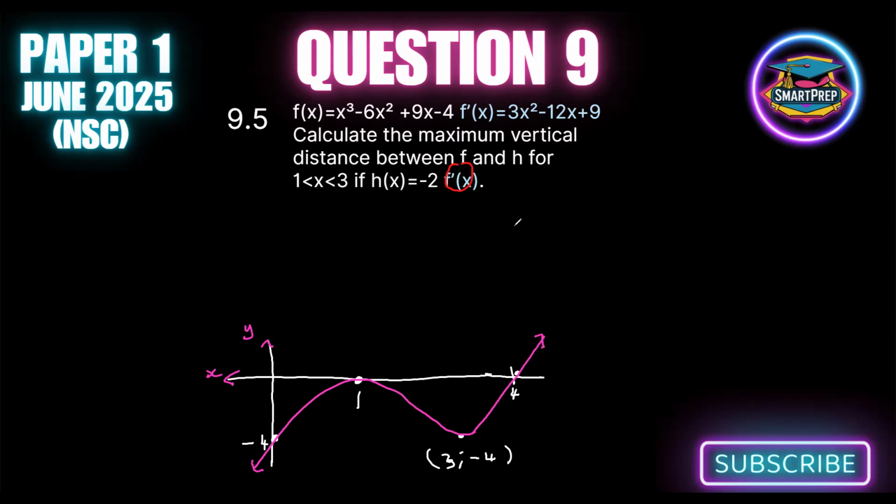So the parabola, the derivative, do you see, is a happy face graph. So it goes like this. Now remember that the parabola, when we found out what these values are, the intercepts, those were the turning points, right?